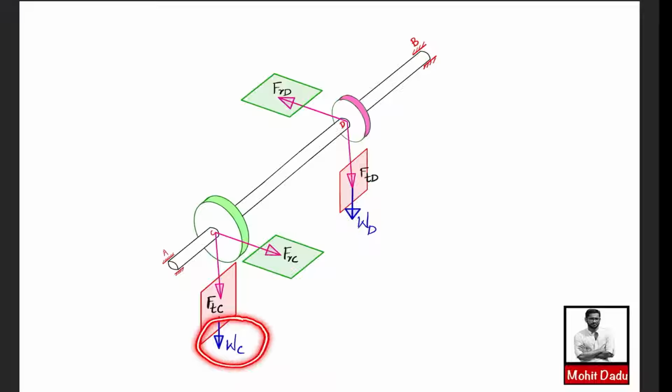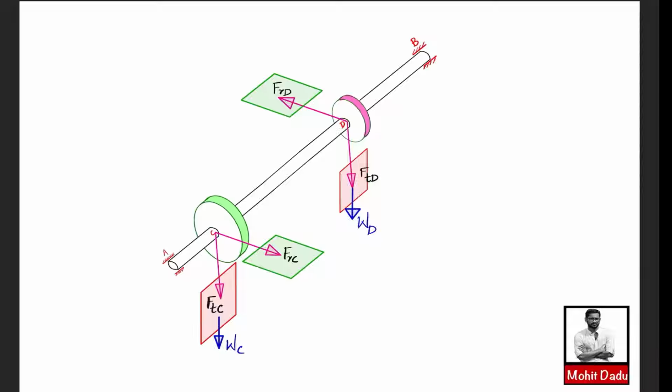And also we have to take the weight of the gear as mentioned in the question. At gear D also, the tangential force is acting downwards, but the radial component is acting in the opposite direction with respect to that of FRC. If FRC is acting in this direction, then FRD is acting in the opposite direction. And here also we have to take the weight. So some loads are lying in the vertical plane and some loads are lying in the horizontal plane.